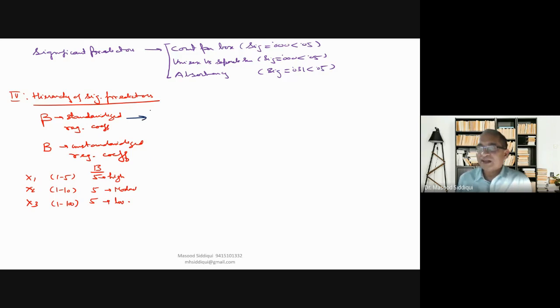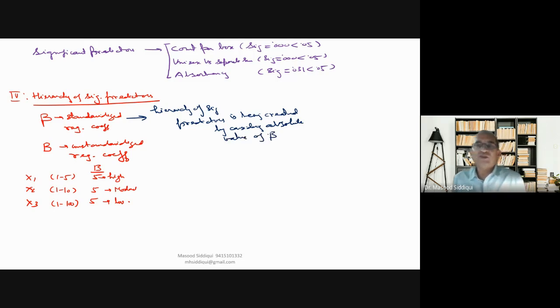So the hierarchy of significant predictors is created by considering the absolute value, meaning ignoring the sign of beta.